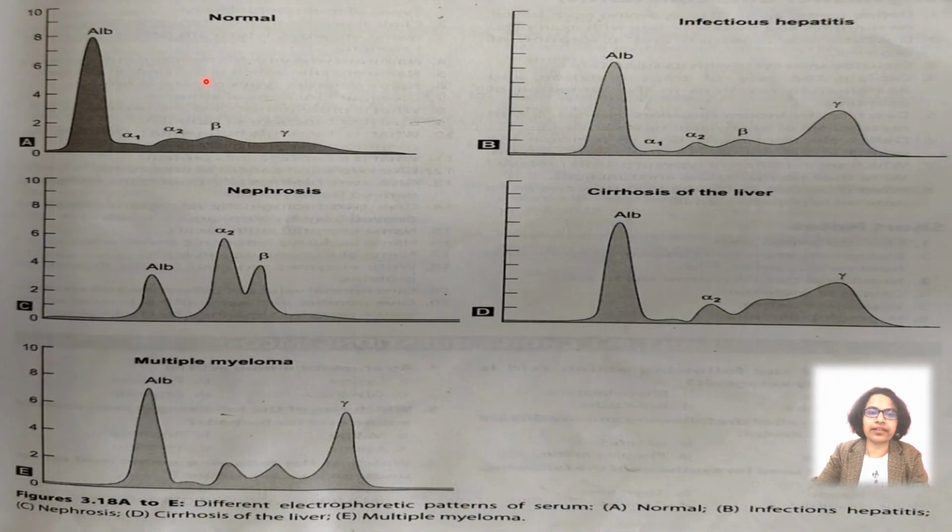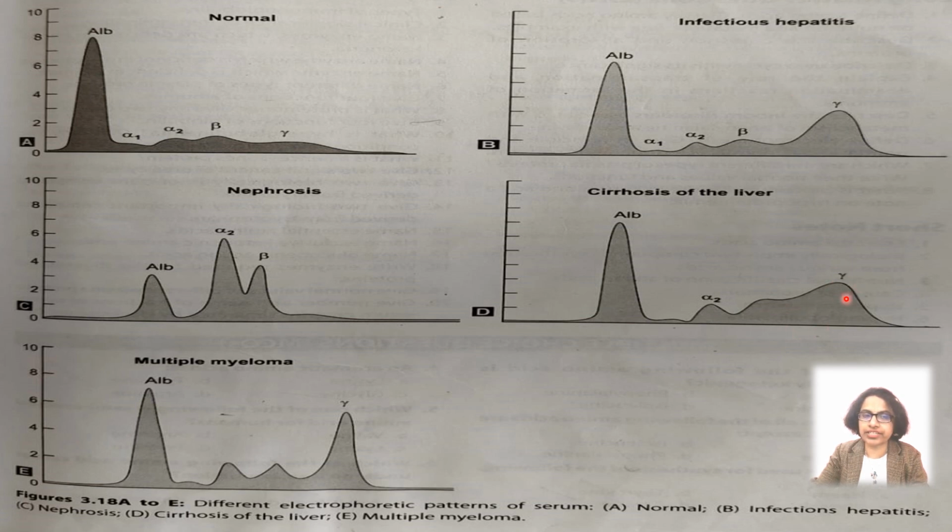Whereas the abnormal pattern, and here also the first picture explains the normal pattern. If the patient is suffering with nephrosis, the pattern will be a little bit different. And in the multiple myeloma condition, the pattern will also be different. And here in infectious hepatitis, there is a decrease of albumin, and again the gamma globulin will be raised.